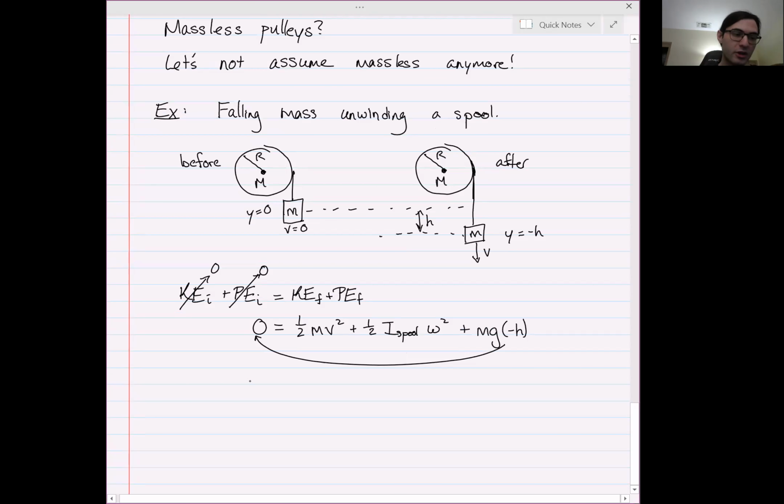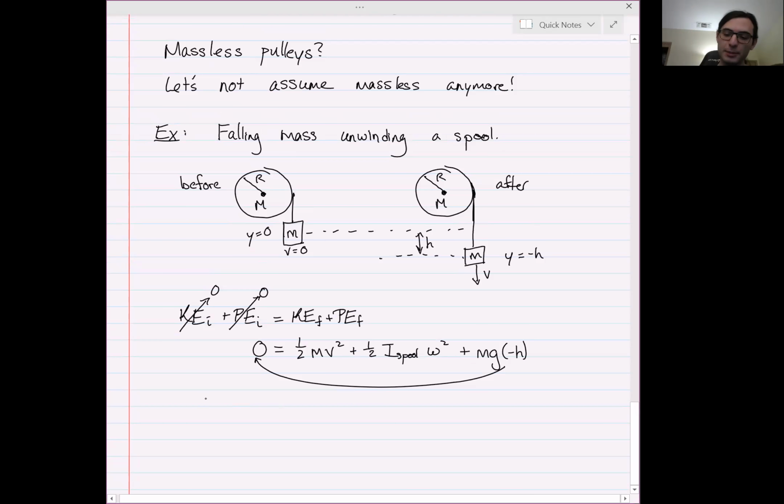So we can use the non-slip condition and the fact that, let me just make an aside, the spool is a solid cylinder. So the moment of inertia of the spool is 1/2 MR squared.